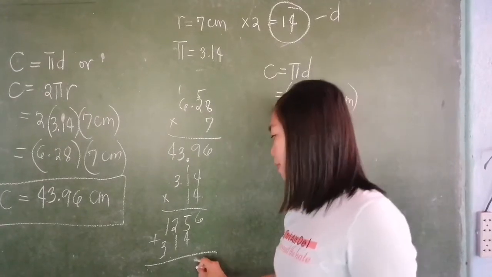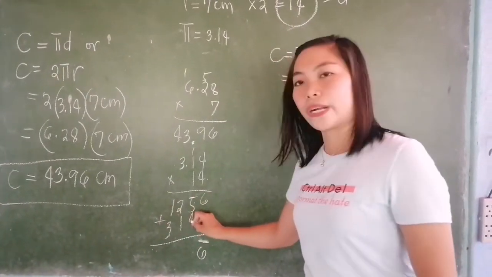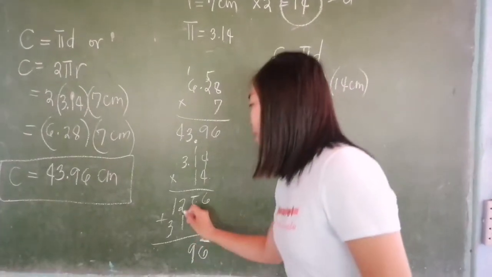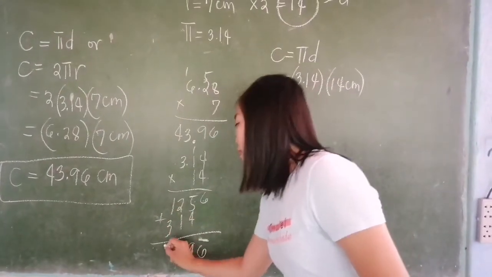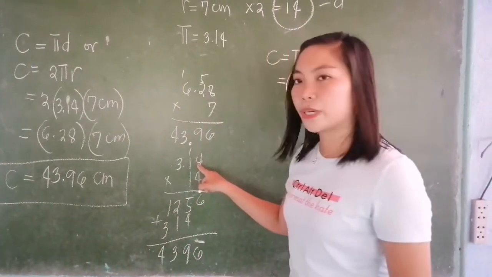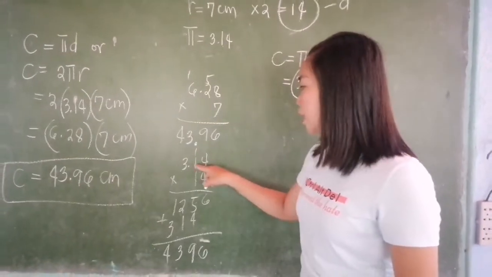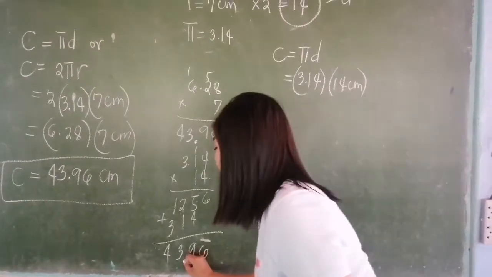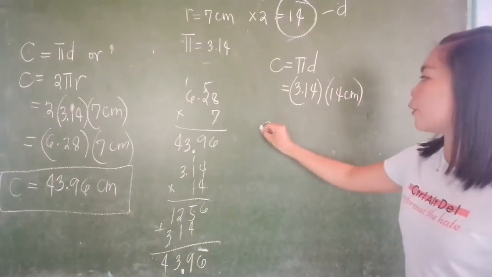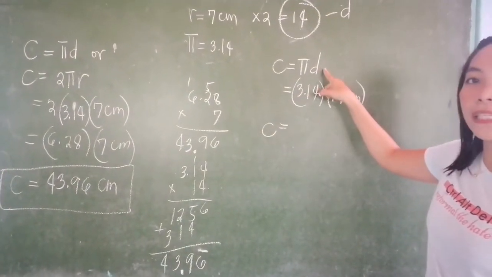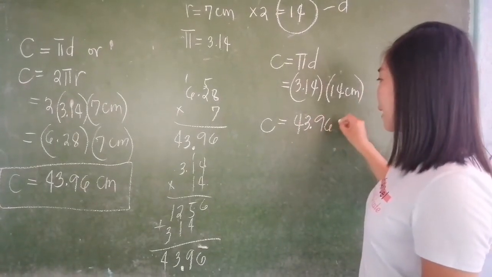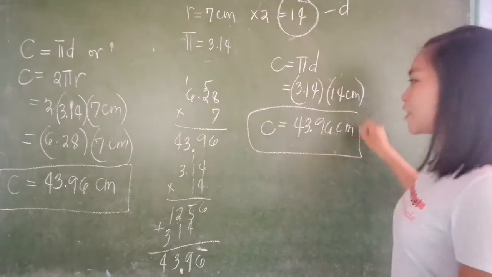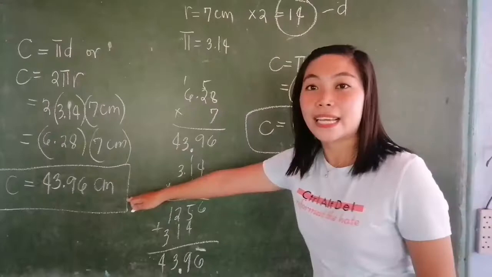Bring down 6. 5 plus 4 is 9. 2 plus 1 is, of course, 3. 1 plus 3 is 4. Then, count the number of the decimals. So, you have 1, 2, 1, and 2. So, therefore, the circumference of a circle given the diameter, that is equal to 43 and 96 hundredths centimeters. As you can see, they are just the same.